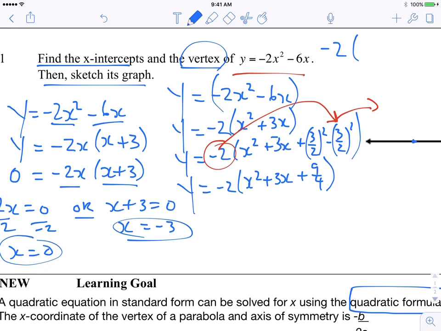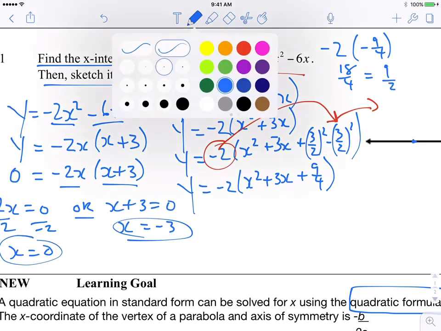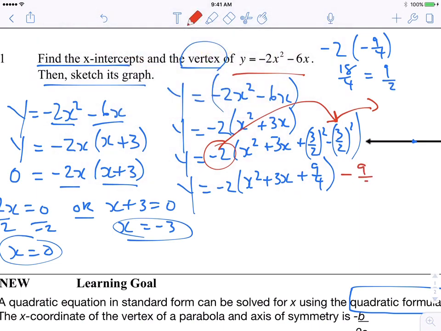So we have negative 2 times a negative 9 over 4, because it's minus 3 over 2 squared, so it's minus 9 over 4. And now we have negative 2 times negative 9 is positive 18 over 4, which is equal to 9 over 2. So we have, I'll do it in red for you here, minus 9 over 2.